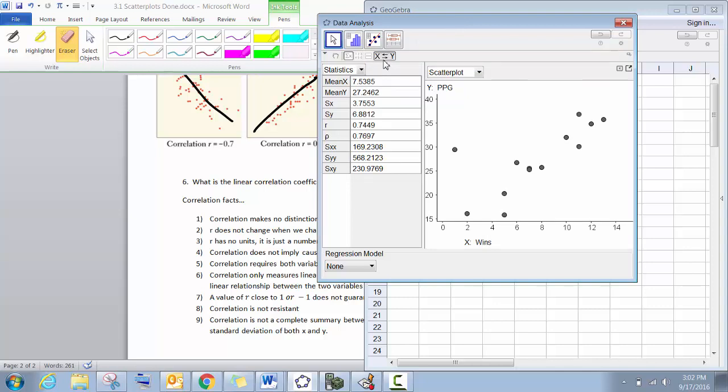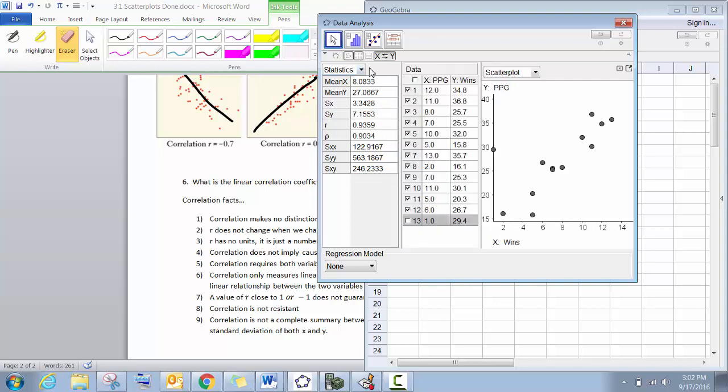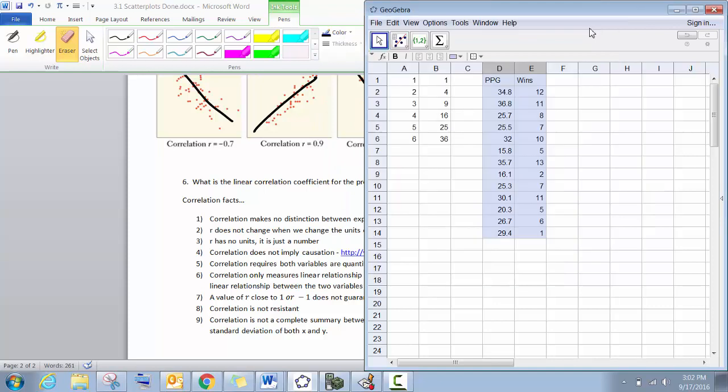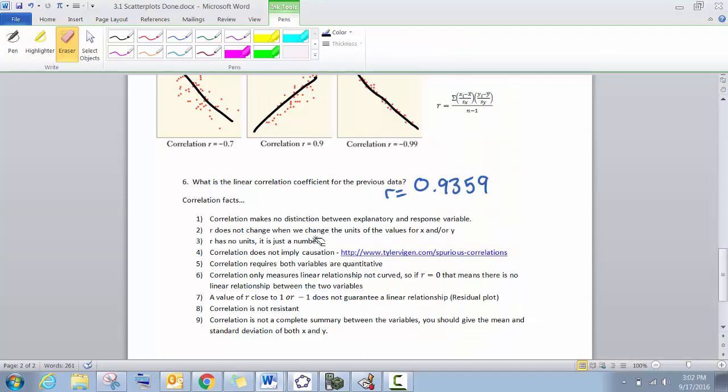My scatter plot looks a little bit different, and my R value is the same. If I switch it again, it's still the same. So changing it does not matter. R does not change when we change the units of the values for X and or Y. So if we put them from inches to centimeters, it's still going to be the same. R has no units, it's just a number.